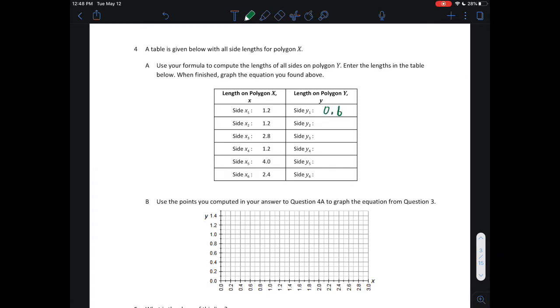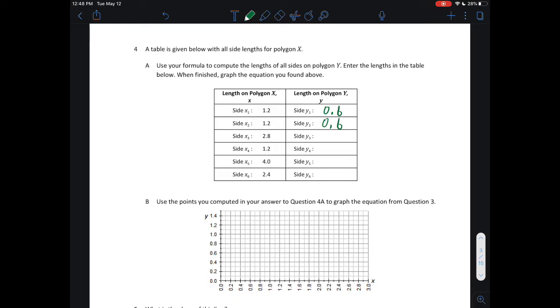And can you take your calculator and take 1.2 and divide it by 2 and get 0.6? You sure can. Can you take 0.5 and multiply it by 1.2 and get 0.6? You sure can. You can experiment with that with side x2, which is also 1.2 inches. That would give you y2 is also 0.6 inches.